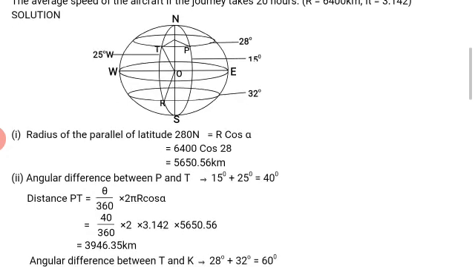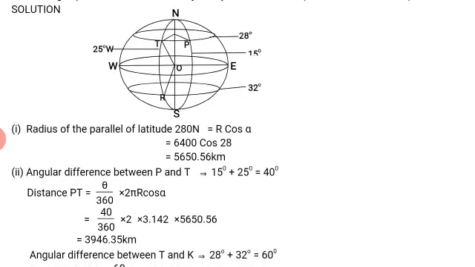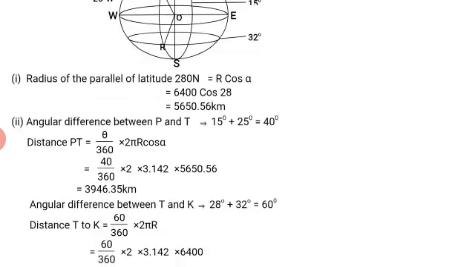Substituting, we have 40 over 360 times 2 times 3.142 times 5,650.56, and that gives 3,946.35 kilometer.